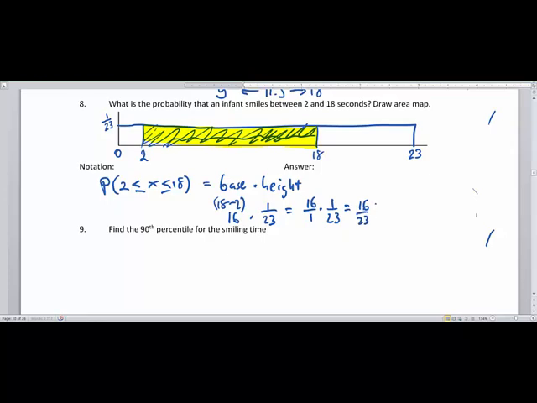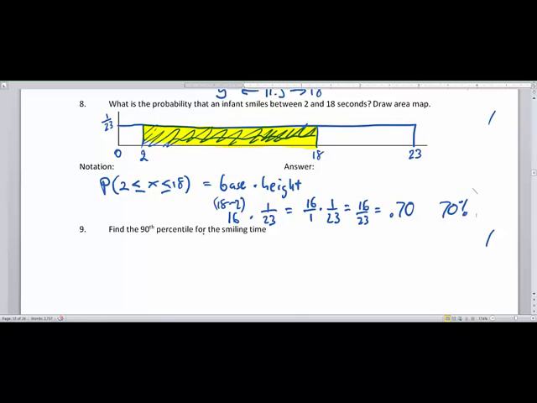If I do this, I get an answer of 0.70, and this is rounded correctly. The 16 23rds, if you did it on the calculator, would be 0.6956, which is rounded to 0.70, which means you have a 70% chance of the infant smiling between 2 seconds and 18 seconds.